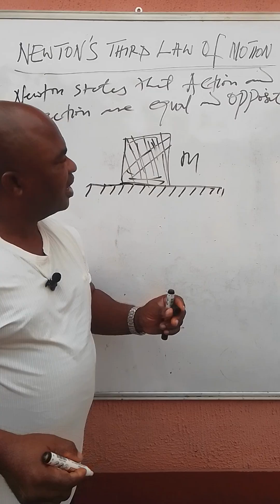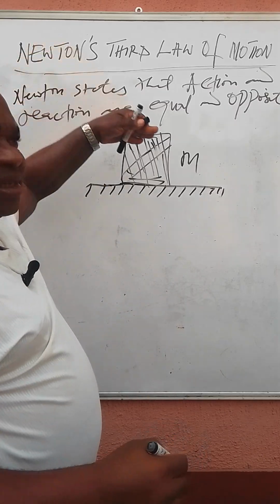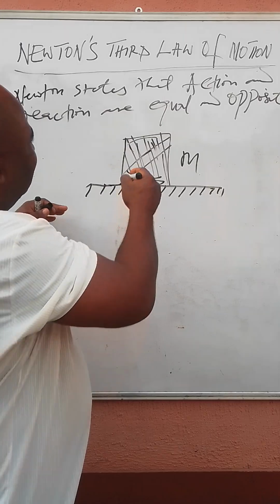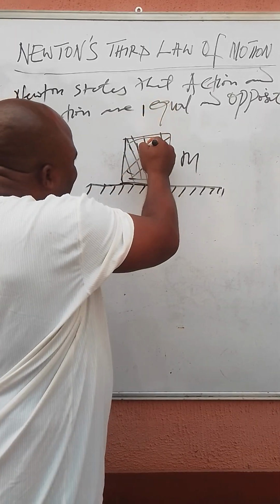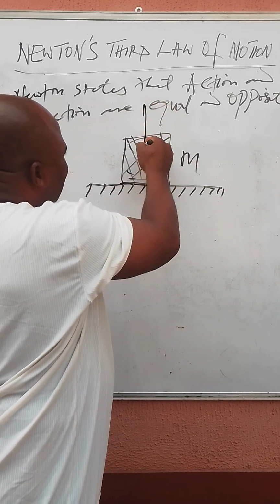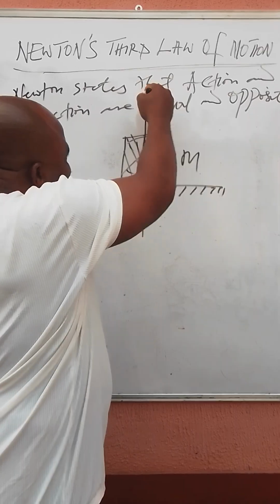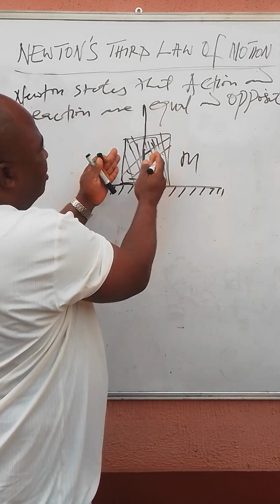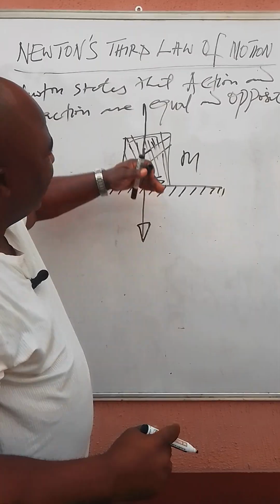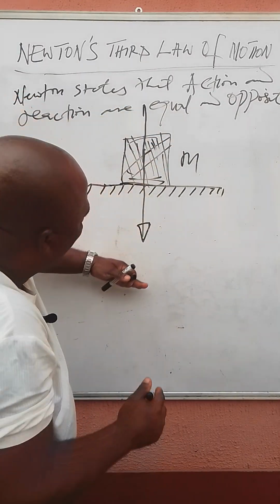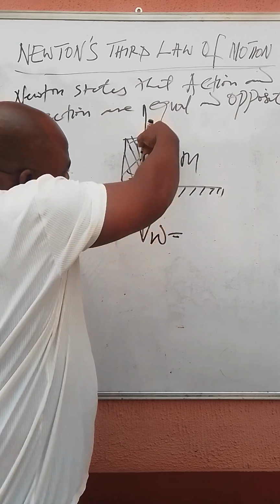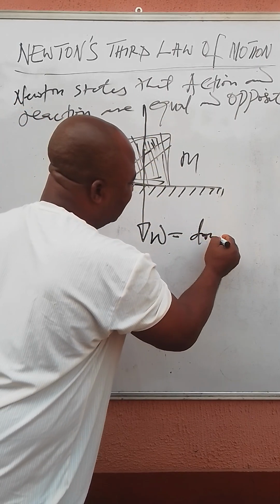Now, what Sir Isaac Newton is stating here is that the weight of this particular heavy block is acting downward. Let's call it W, the weight of this block, acting downward.